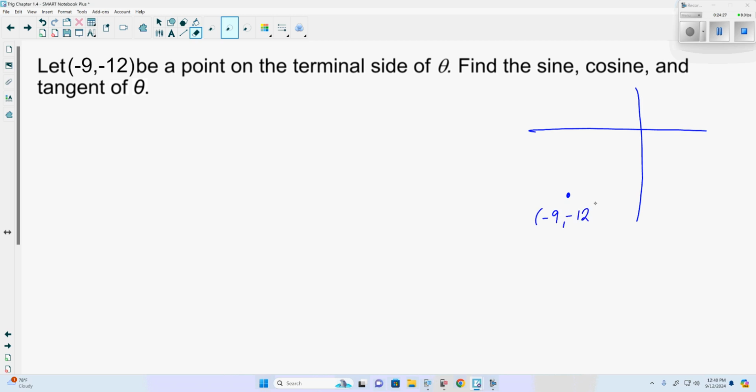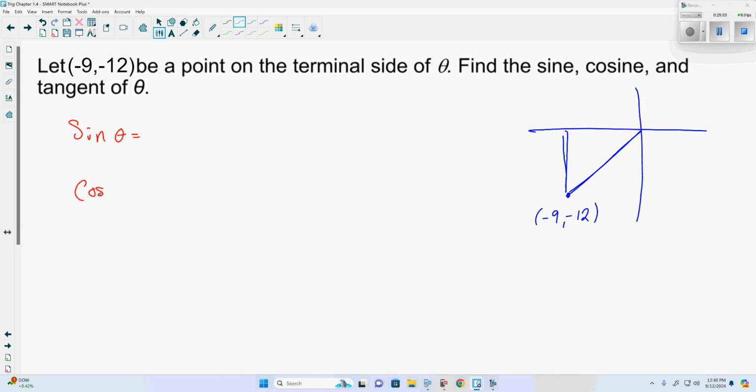All right, we're picking up where we left off yesterday. So we need to find sine, cosine, tangent given the point (-9, -12). So our sine of theta is y over r.